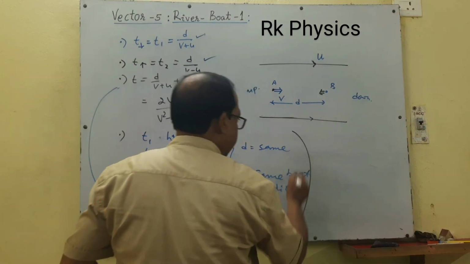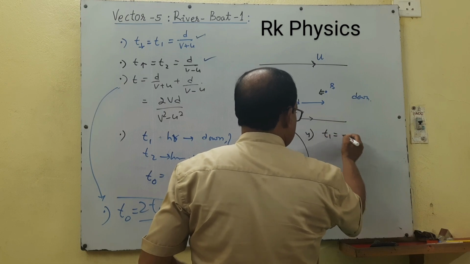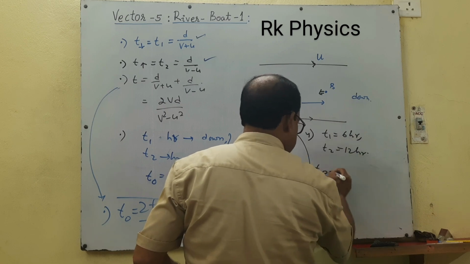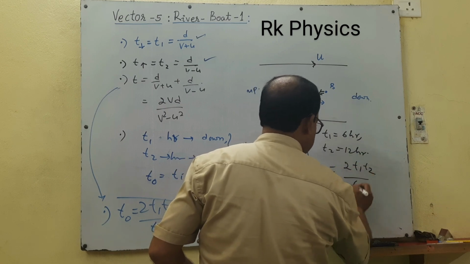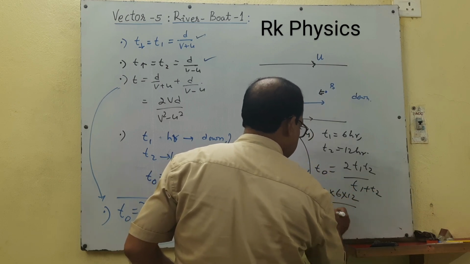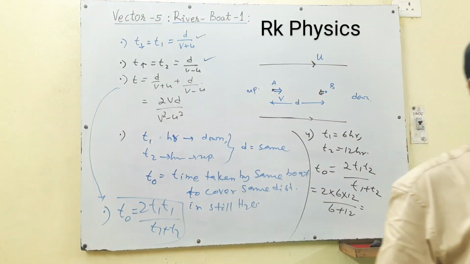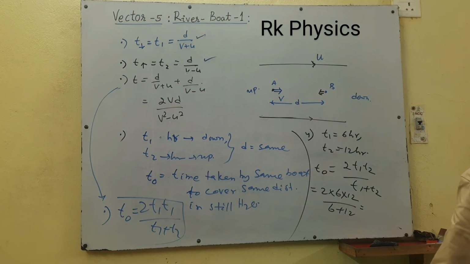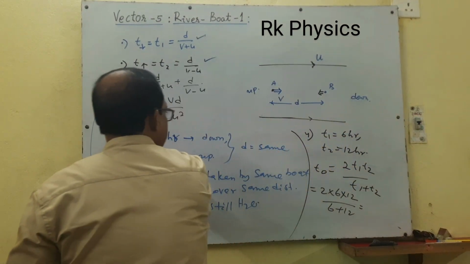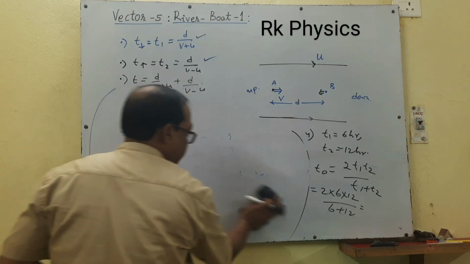For example, this is the fourth example. If you take t1 equal to 6 hours, t2 equal to 12 hours, then what is t naught? 2 t1 t2 divided by t1 plus t2, that is 2 into 6 into 12 divided by 6 plus 12. Find out the values. Similarly, take another example that is coming repeatedly in all entrance exams.